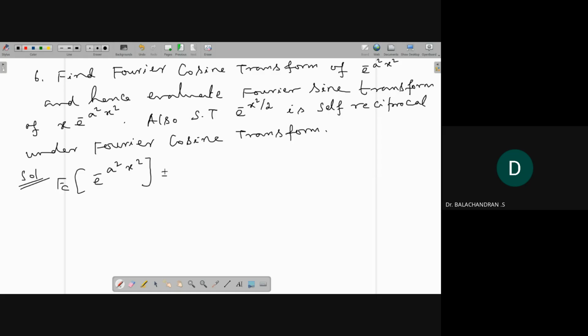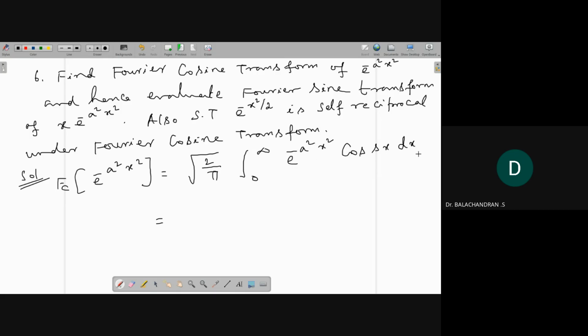By definition, this is equal to root 2 by pi integral 0 to infinity e power minus a square x square into cos sx dx. Now this is an even function: e power minus a square x square is even, cos sx is even, so even into even is even. Totally the integrand is an even function.